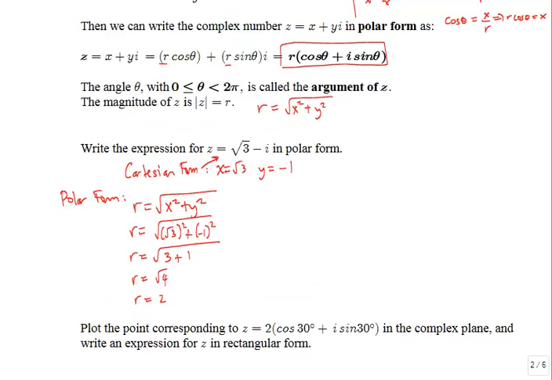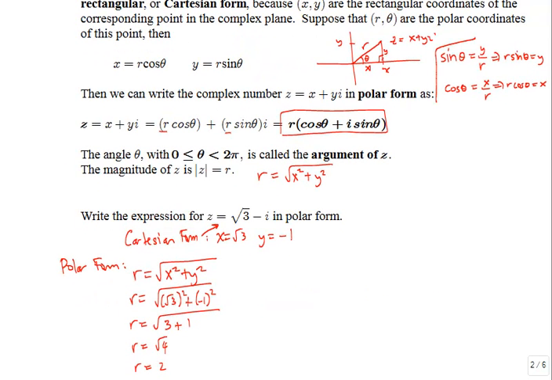To get theta, we're basically just using these two relationships right here. According to our right triangle diagram over here, sine of theta is going to be the y value, which we know is negative 1, over the r value, which we just figured out was 2, and cosine of theta is going to be the x value, which we know is root 3, over the r value, which was 2.